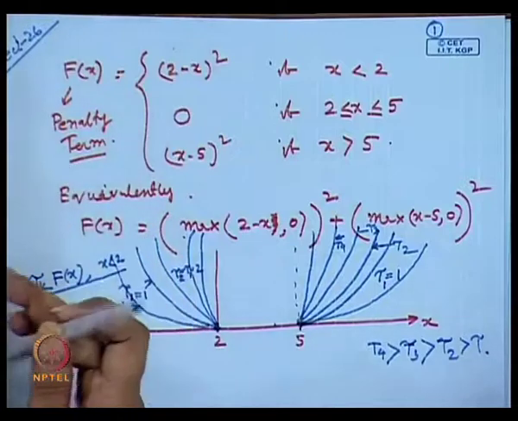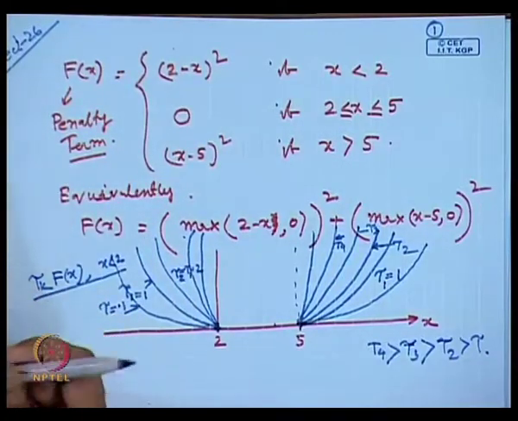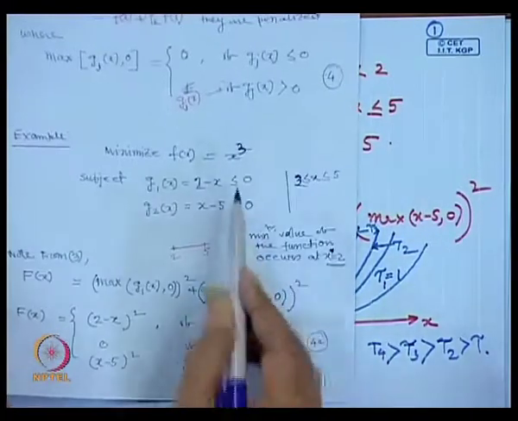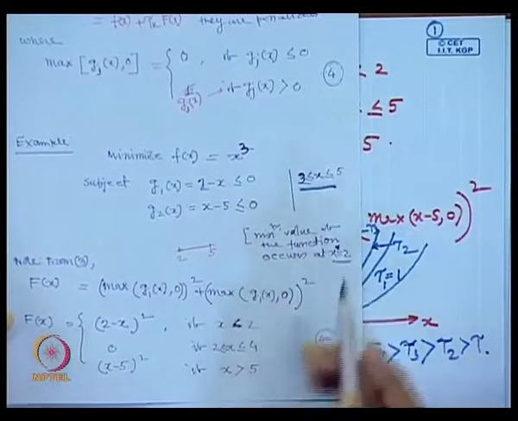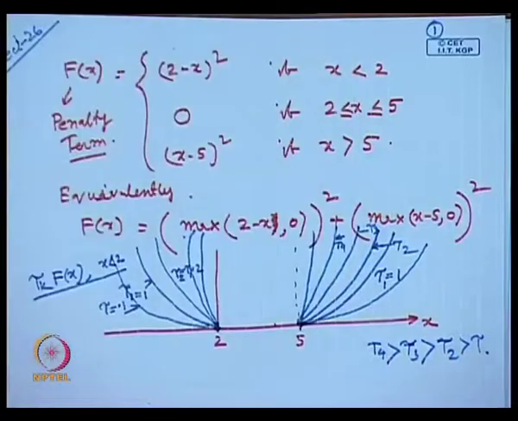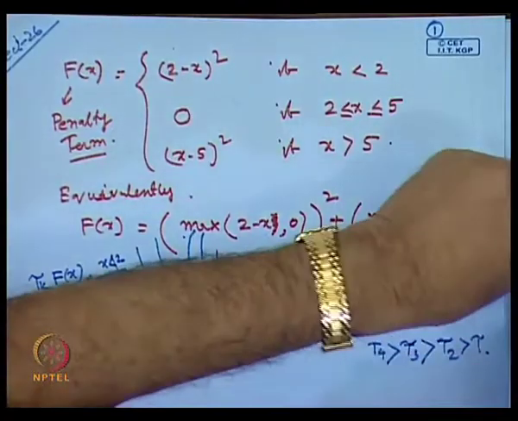And in our example, if you see this example, it is straightforward. What is the minimum value of the function in this region?